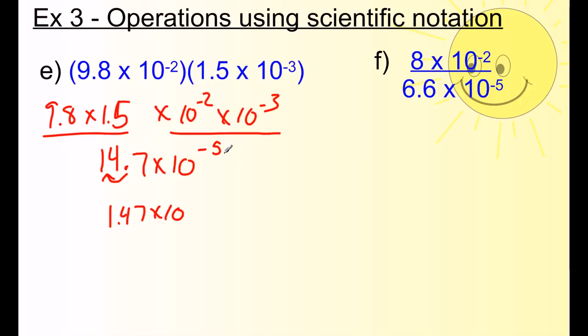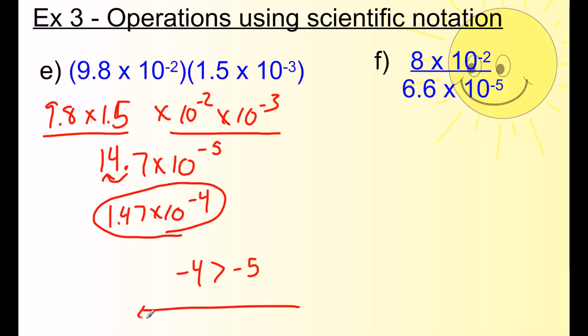Now, what is one number bigger than negative 5, which is negative 4. So negative 4 is bigger than negative 5. If you think about it on a number line, negative 5, negative 4, negative 3, negative 2, negative 1, 0. Negative 4 is bigger because it's closer to 0, and going this way, you get bigger.